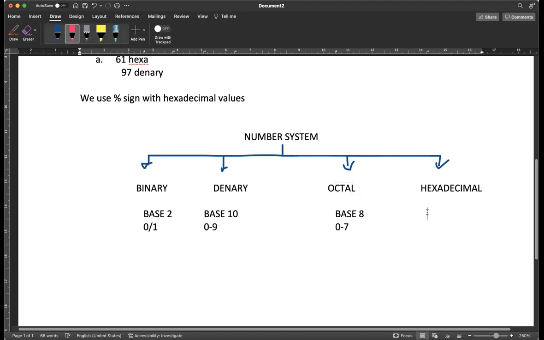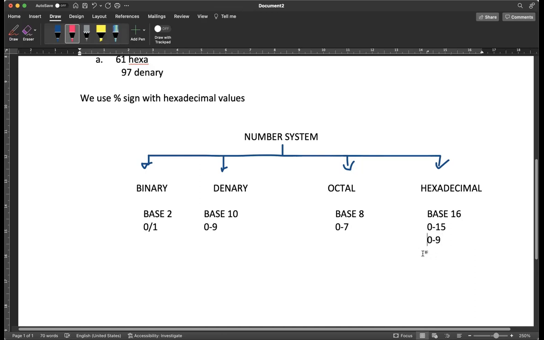And the most important is hexadecimal. This is of base 16, and the numbers are from 0 till 15. But the new thing in hexa is that the 0 to 9 numbers are the same, they are normal.